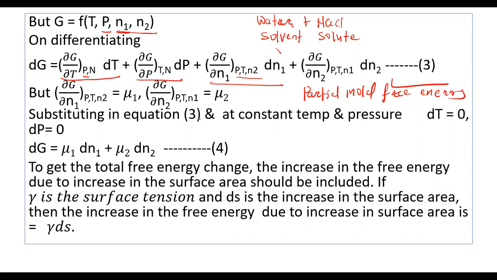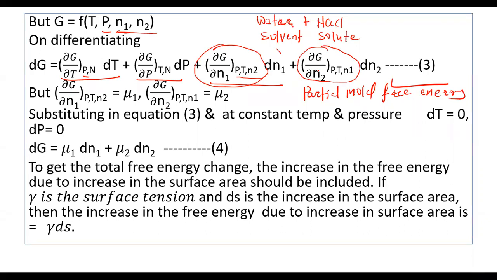So we can write the partial molal free energy, delta G upon delta N1, equal to mu1. Similarly, delta G upon delta N2 is equal to mu2. So we can substitute mu1 and mu2 here, according to the definition of the partial molal free energy.